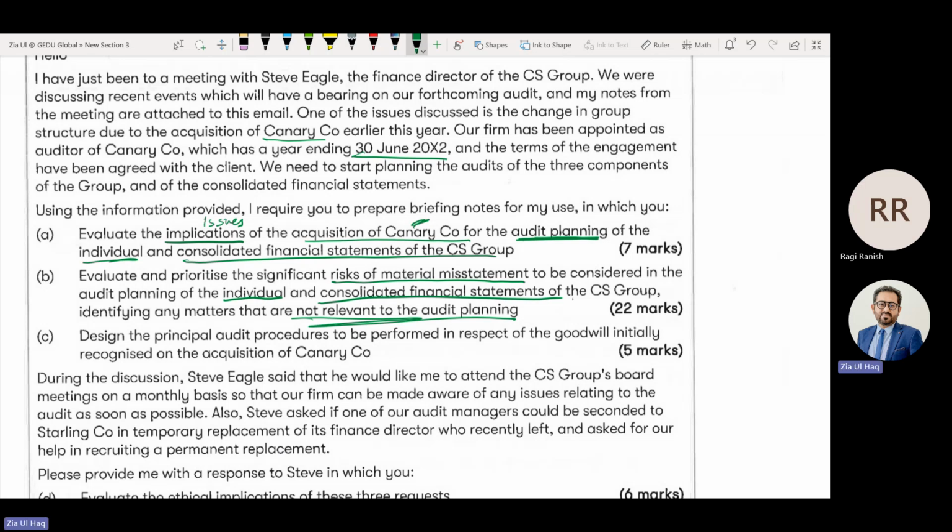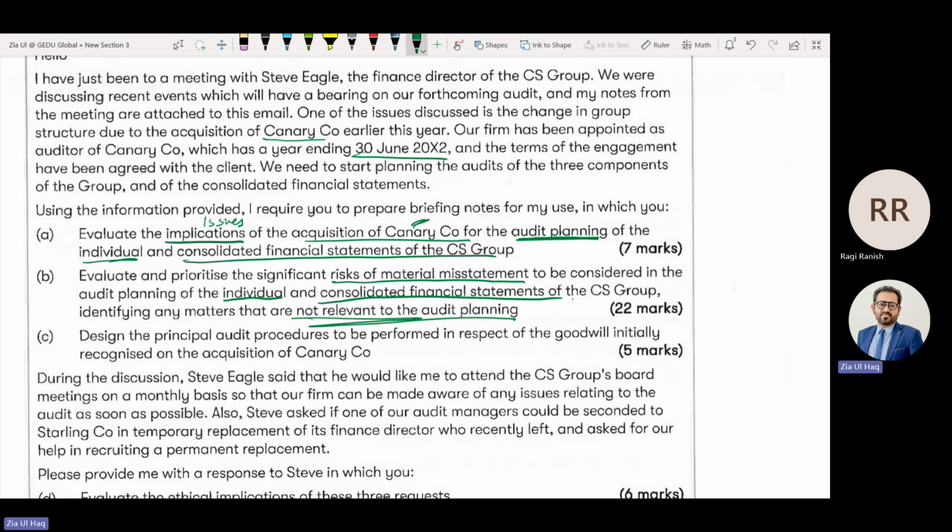How many marks? 22 marks. Till the previous question, we could discuss one risk for 2 marks: 1 mark for discussing the standard and 1 for the chance of misstatement, meaning the impact on the financial statements. From this question onward, one risk could be discussed for 5, 6, or 8 marks as well.